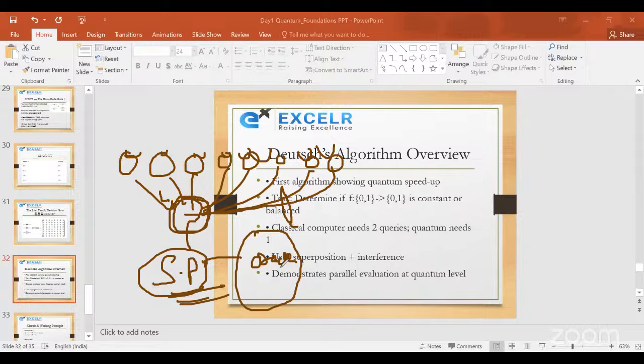Then the Oracle will do some operations, and after that, again we have to decode this superposition state. Now, how to decode this superposition state? Let's take the decoding in this example itself. Suppose these are the vegetables, 1, 2, 3, 4, 5, 6, 7, 8. There are 8 dishes here.